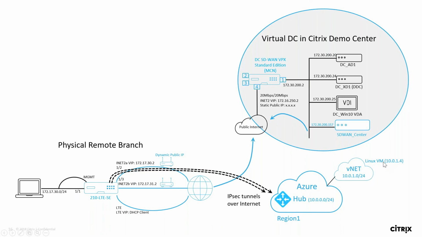I can do an SSH connection to my Linux VM 10.0.1.4, and that will go through the SD-WAN through the tunnel. So I'll have direct IPsec tunnel access to that particular resource.